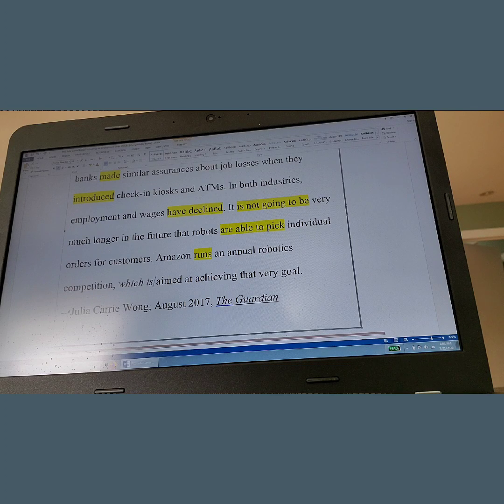The which, being the competition, is a part of speech, POS, by itself, right? And therefore aimed, which is aimed, right? So aimed at achieving that very goal is describing the competition, right? Okay. All right. Now, here we go.